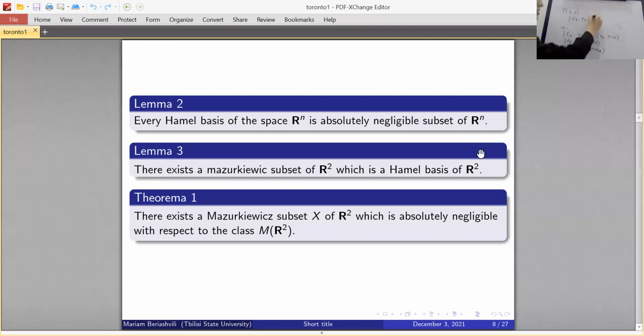They will be subsets of R squared, increasing by inclusion, for which the following conditions will be satisfied. The first condition is that the cardinality of Y_ξ is less than or equal to the cardinal |ξ| plus omega.